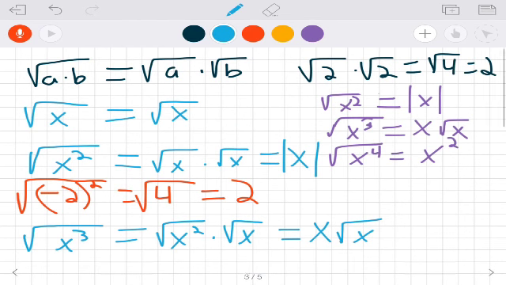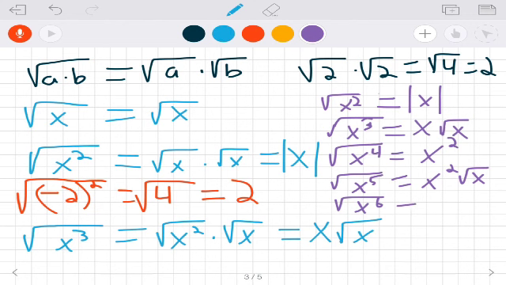So just to come back to finish out our little chart here, the square root of x to the fifth is going to be x squared times the square root of x, and the square root of x to the sixth is going to be the absolute value of x to the third.